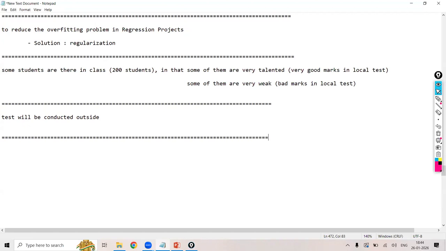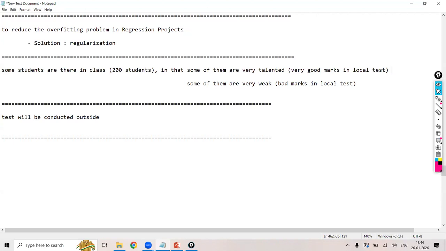But the problem is, my students have very good marks in the local test. How are they going to do outside? I'm a bit worried because I'm feeling they are by-hearting the concepts, writing as is whatever was explained in the class.